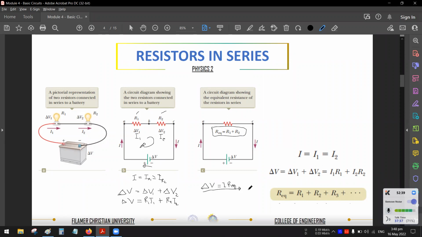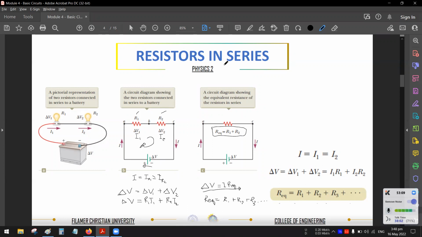Okay. So for the equivalent resistance, let's say you have 3, 4, 5, 6 resistors, you can use this formula. You can just have a sum of R sub 1, R sub 2, R sub 3, and so on, depending on how many resistors are in the circuit.